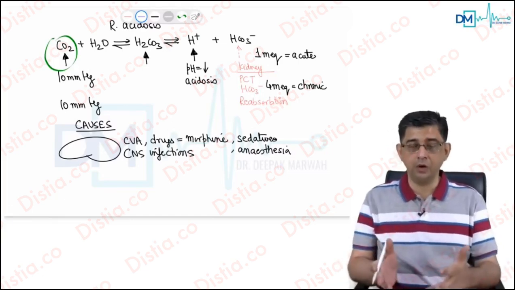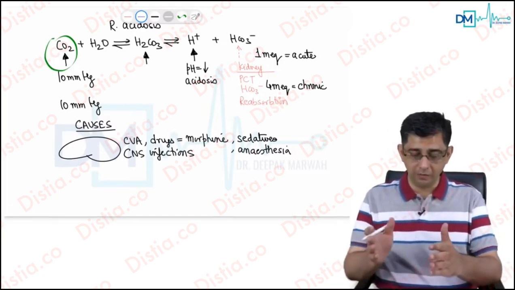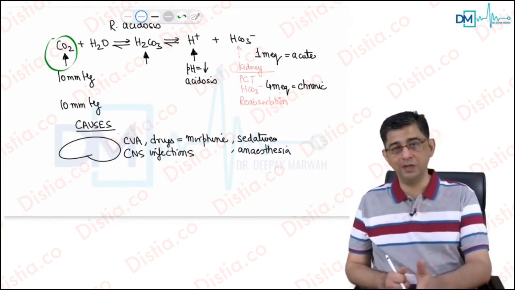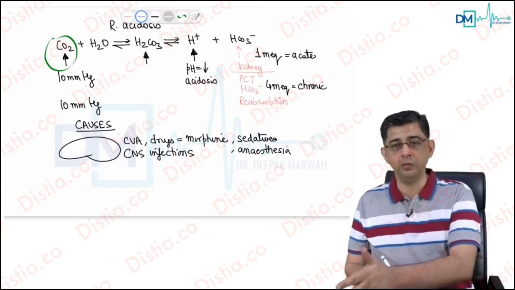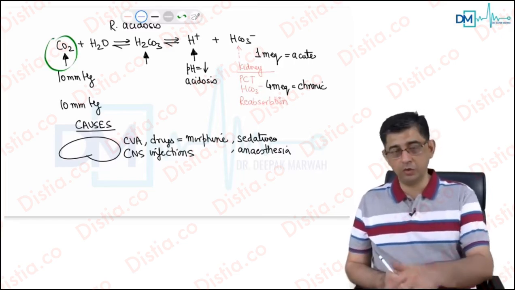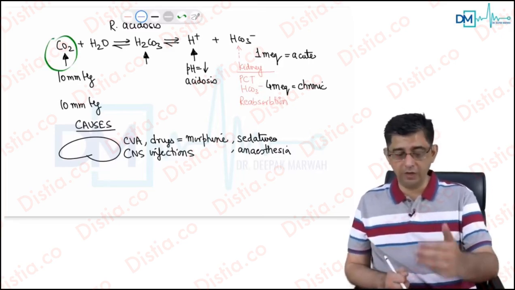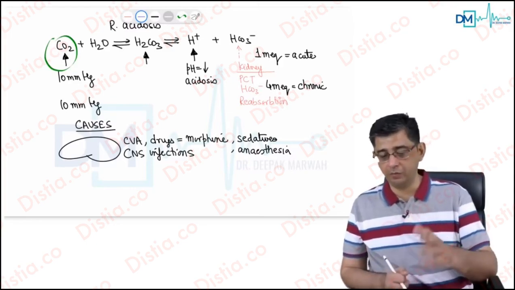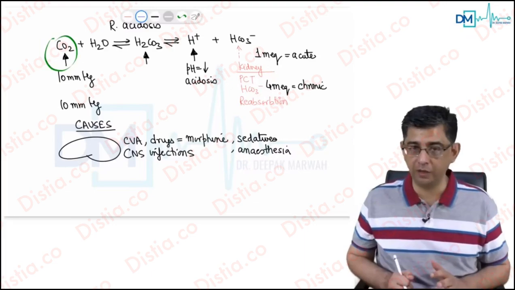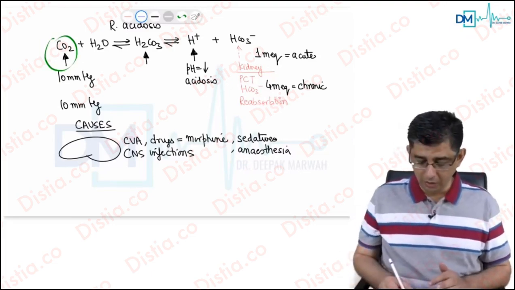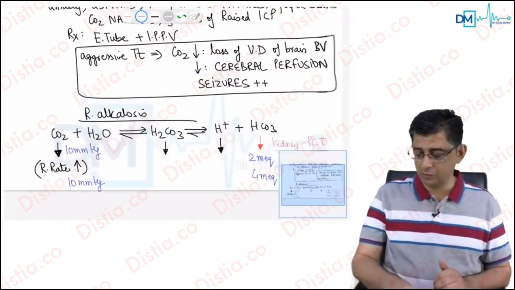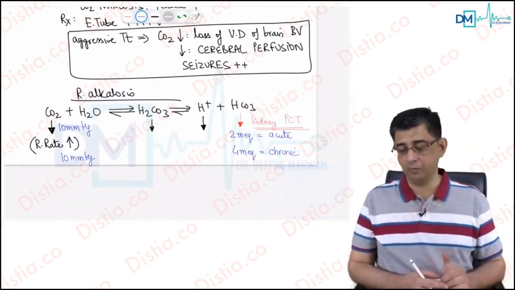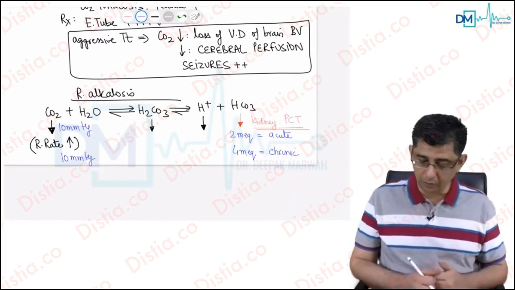What are we talking about? Compensation. In respiratory acidosis, more carbon dioxide, you need more bicarb to stabilize the protons. The ratio is 10:1, 10:4. For every 10-point increment, 1-point increment of bicarbonate, 4-point increment of bicarbonate for acute versus chronic. Coming to respiratory alkalosis, the numbers are 2 and 4. So remember two numbers, 1 and 4, and 2 and 4.